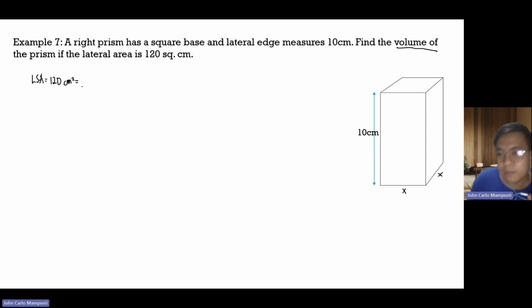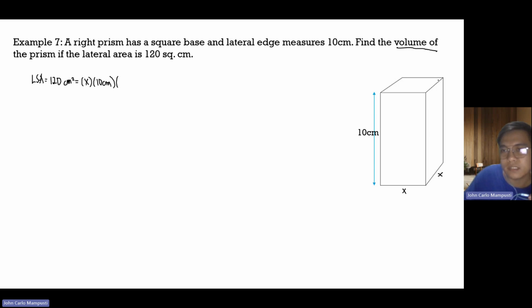Okay, kung nakalimutan nyo, i-drawing nyo, tapos bilangin nyo kung ilang face yan, since yung isang face ng lateral area natin is rectangular, so height or side, which is x, times height, which is 10 centimeter, times, okay, ilan ba yung faces natin?